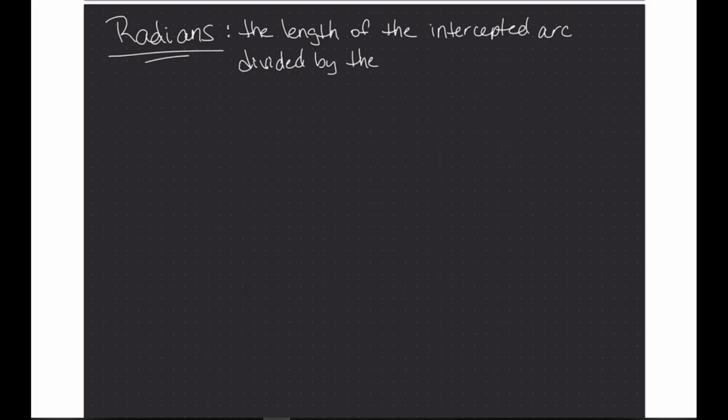If you want to write down the long definition of the radian, it's the length of the intercepted arc, and we'll draw a picture, arc divided by the circle's radius.